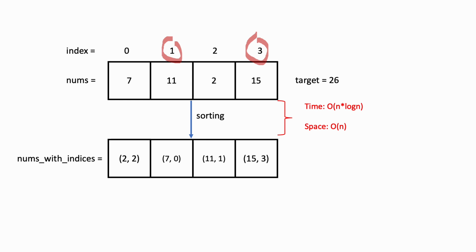For the input array nums, we will convert it to a nums with indices array, which will be sorted. This will keep track of the number value in nums and its index. We keep track of the index because in our output we return the indices of the pair of elements.